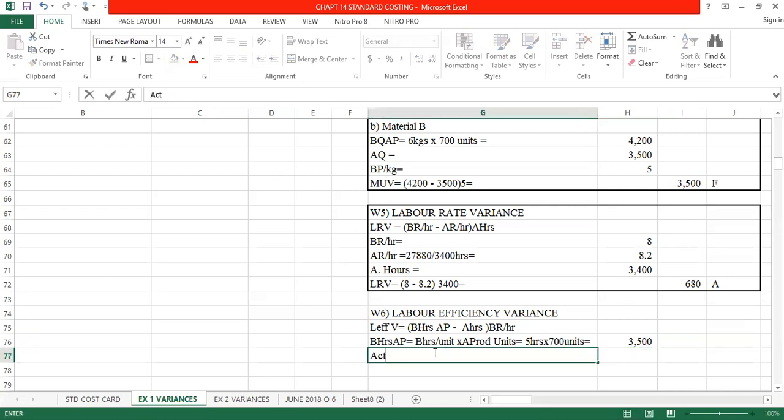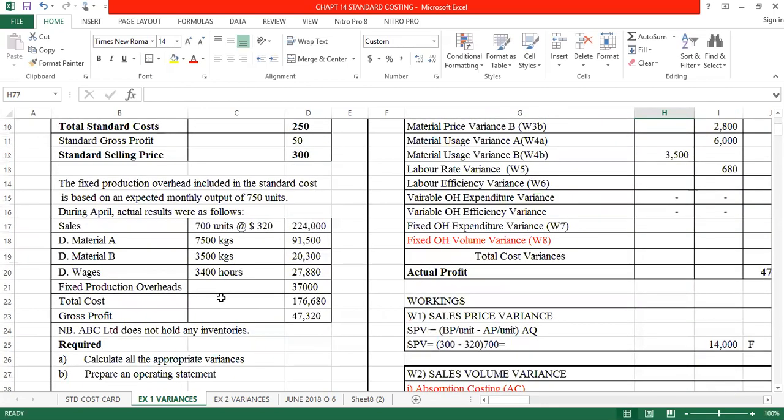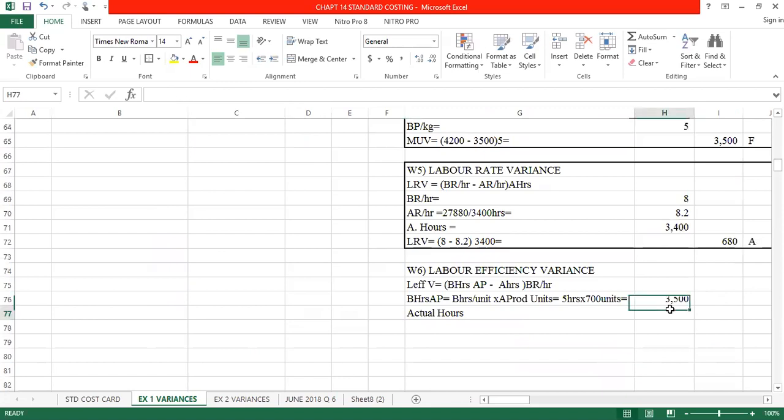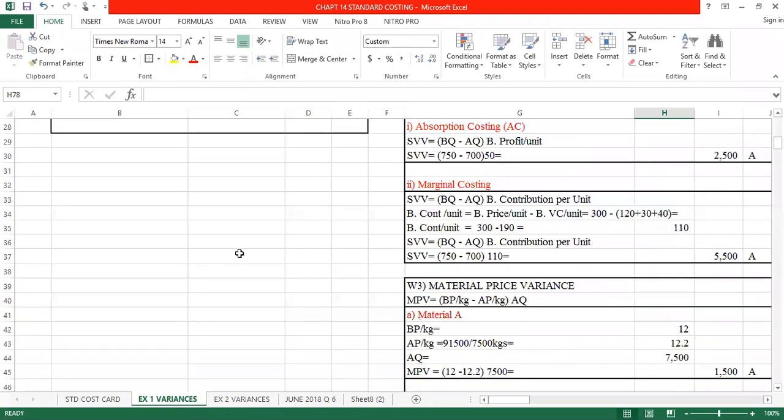Next, actual hours. Our actual hours, everyone knows, is 3,400. What is the budgeted rate per hour?